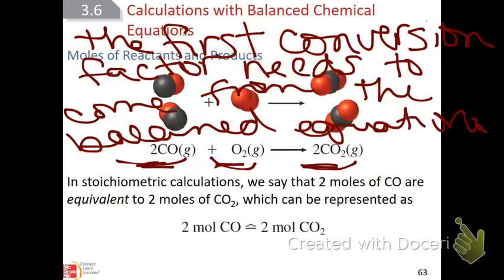This is saying that for every 2 moles, it's like a recipe, for every 2 moles of carbon monoxide, I can make 2 moles of carbon dioxide. Now, yes, I got to add some oxygen in there too, but for this particular problem, I don't care about the oxygen. I just care about my carbon monoxide and carbon dioxide.